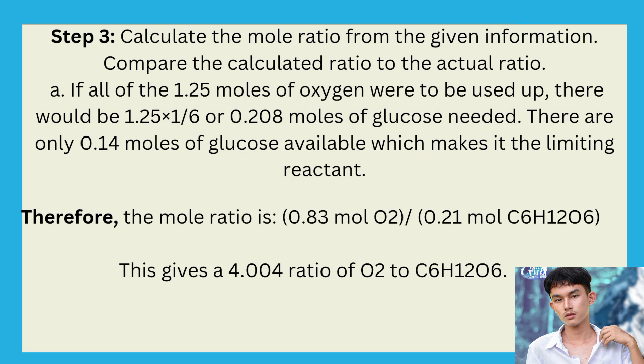The calculation determined that 0.208 moles of glucose will be required to use all of the available oxygen, since 0.40 moles of glucose are actually present. The glucose runs out first and limits the amount of product that can be formed.